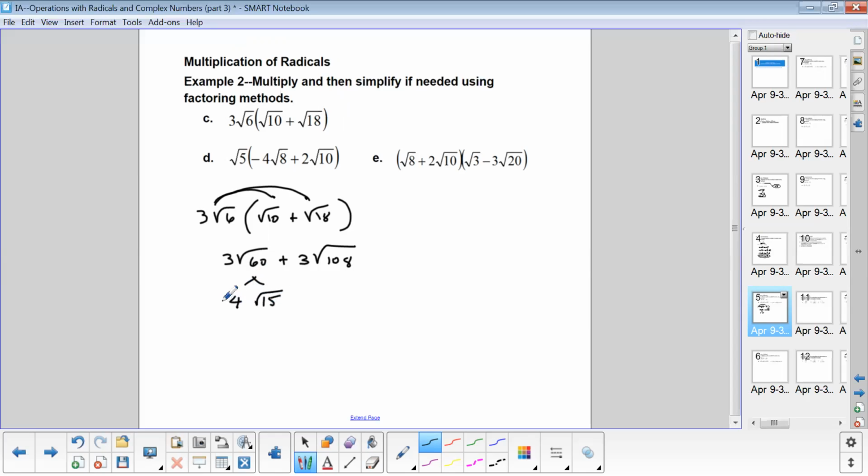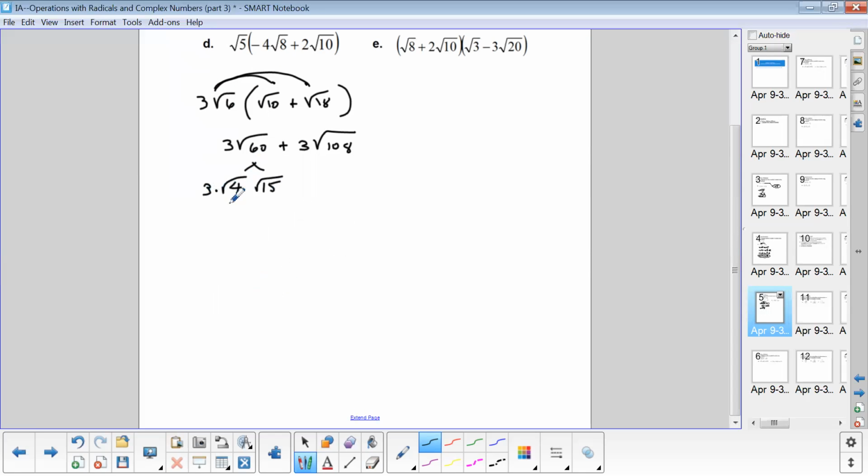So square root of 15, square root of 4 times 3. And square root of 4 becomes 2. So 3 times 2 square roots of 15. So that'd be 6 square roots of 15. So 3 square roots of 60 simplified to be 6 square roots of 15.